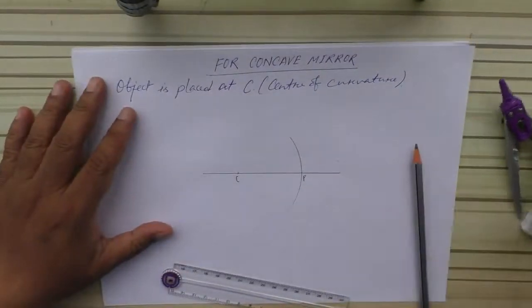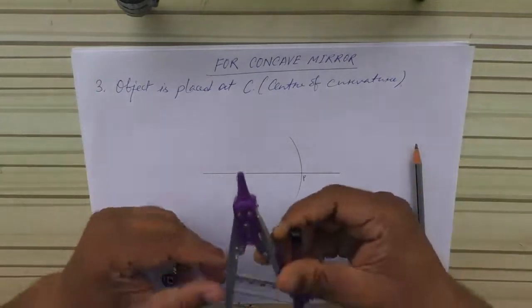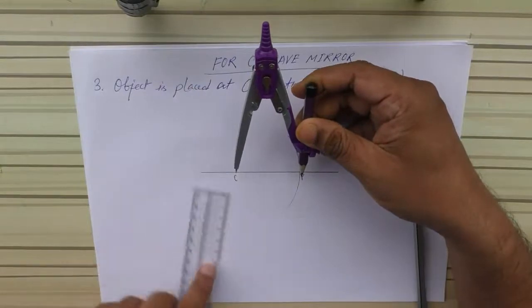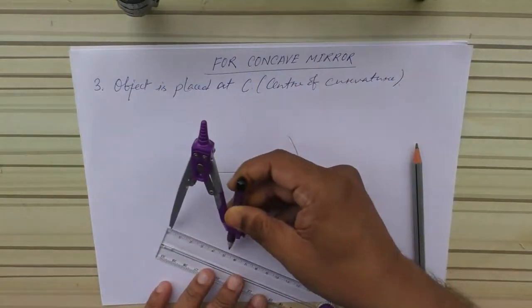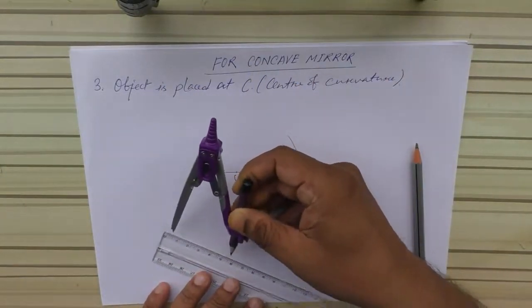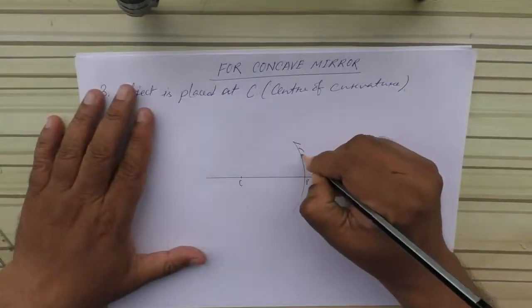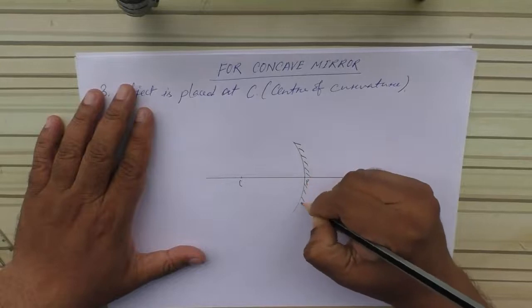The length of the line joining C and P is radius of curvature, and I considered this gap to be 5 centimeter for convenience. Okay, and the mirror has to be polished.